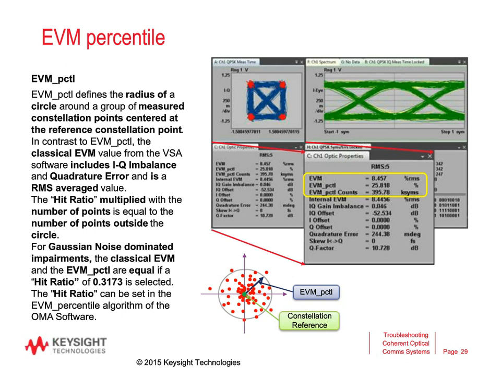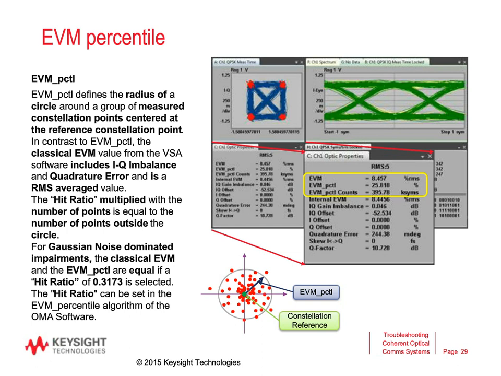There's also a hit ratio mentioned in the context of the EVM percentile, and the hit ratio multiplied by the number of points you measured gives you the number of points that are outside the circle that we see here. And for Gaussian-dominated distortions or impairments, the classical EVM and the EVM percentile kind of converge if we enter a hit ratio of roughly 0.3, 0.2.